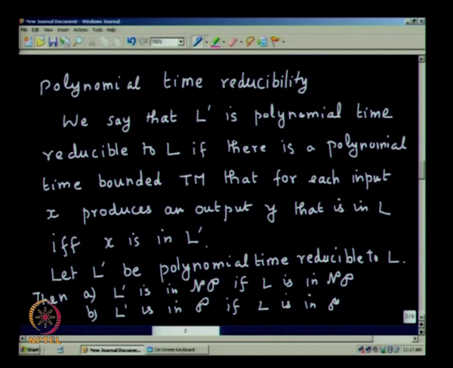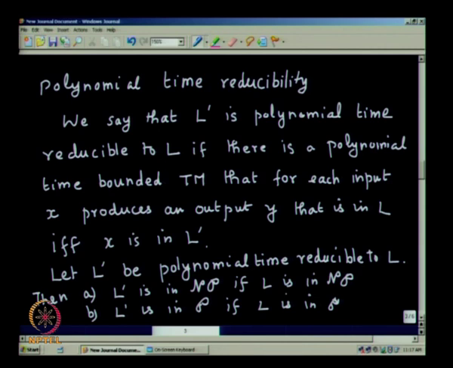I will read again. We say that a language L dash is polynomial time reducible to L if there is a polynomial time bounded Turing machine that for each input x produces an output y that is in L if and only if x is in L dash.